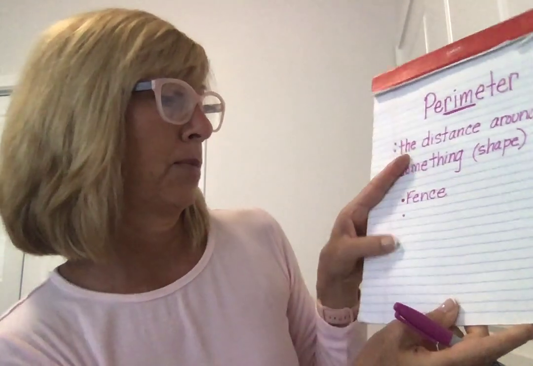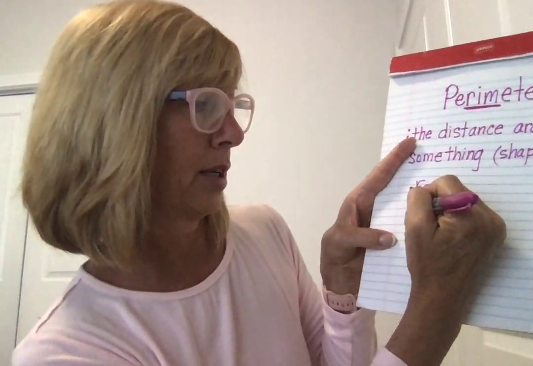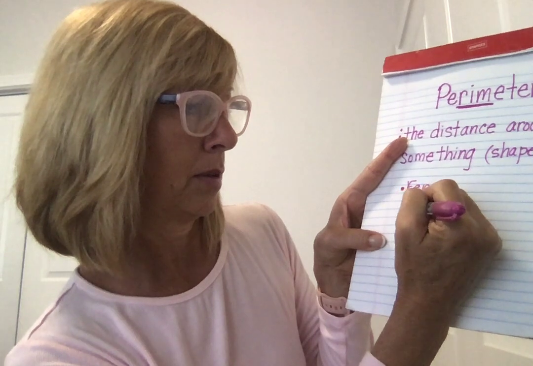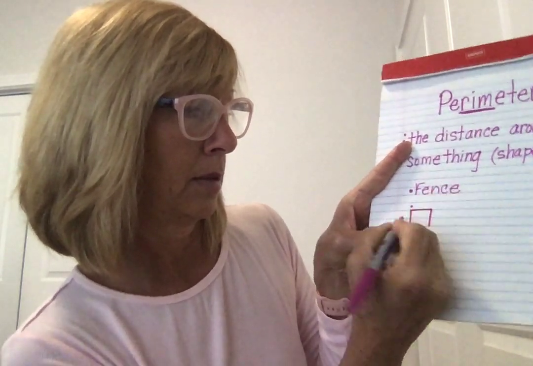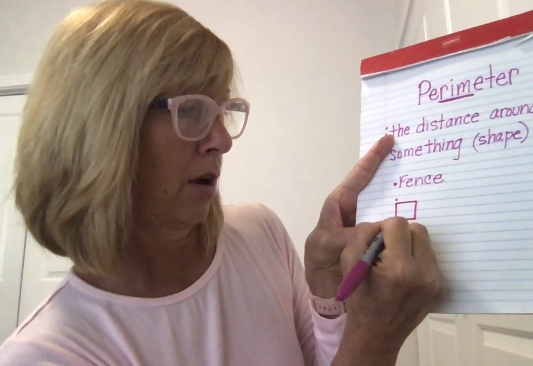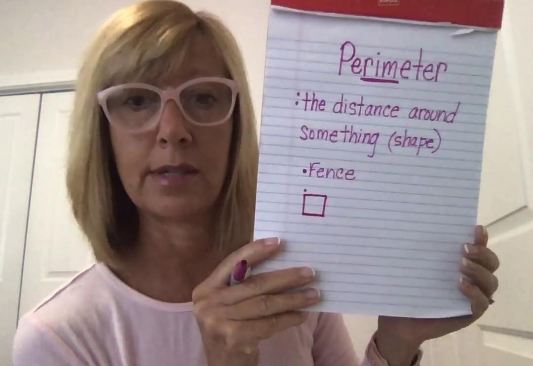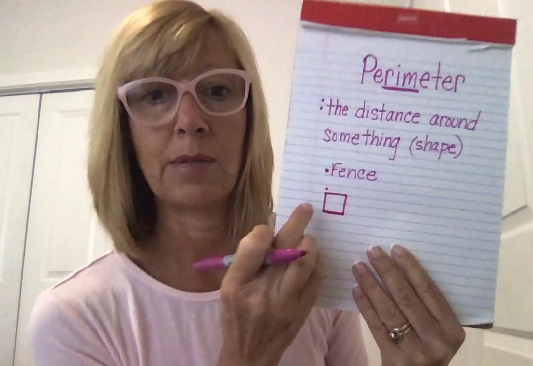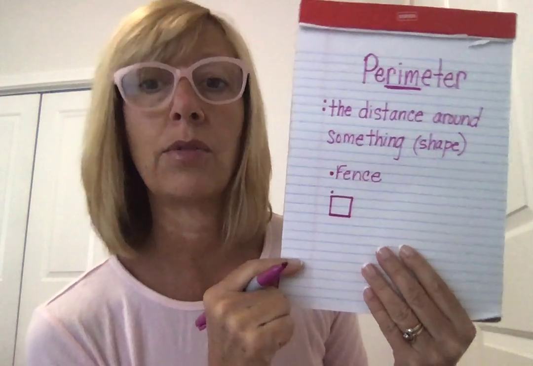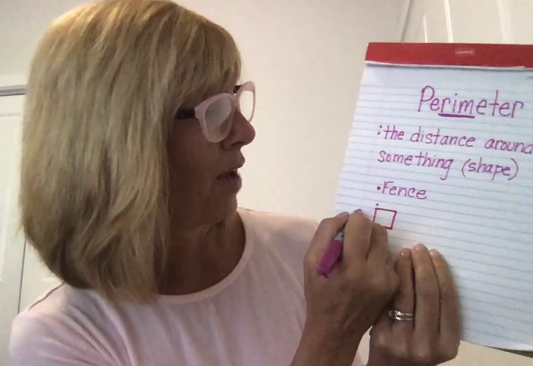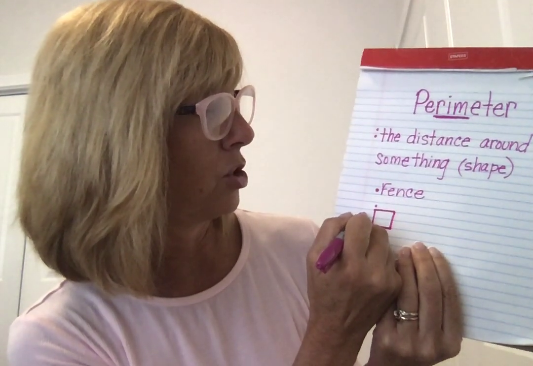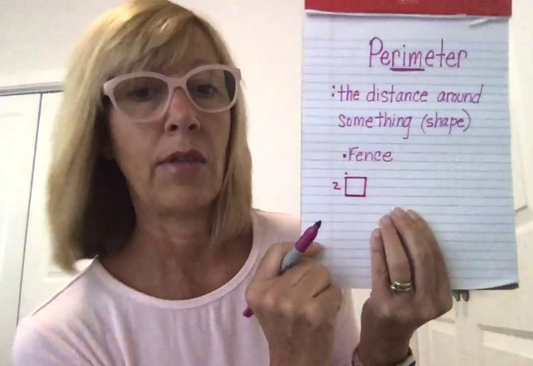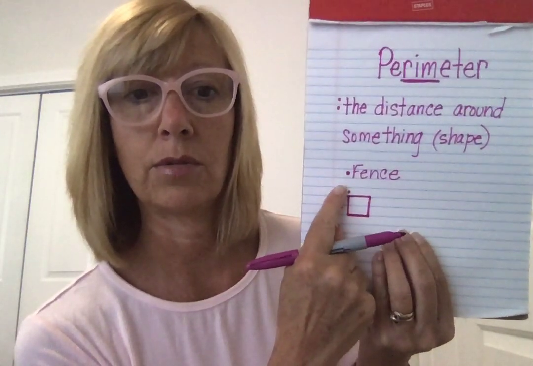Let's look at a few shapes, okay? Let's look at a square. Now we know square, all four sides are the same length. So it doesn't matter which side I point to on a square, they're all the same length. So if I say this side is 2, then that means all the sides are 2.